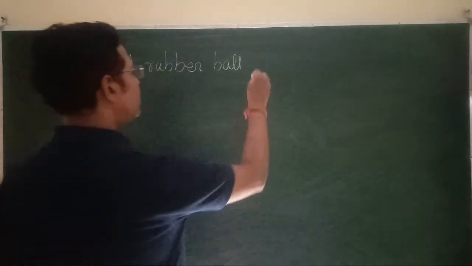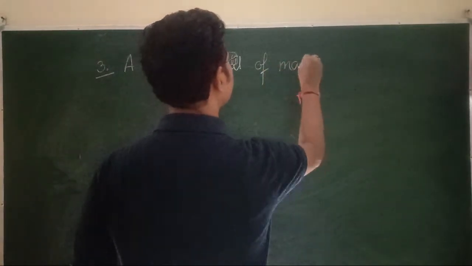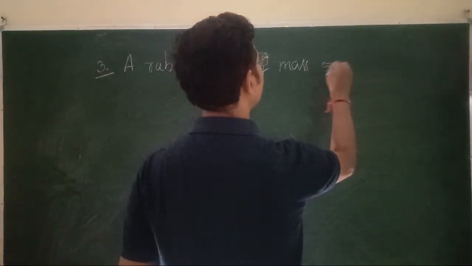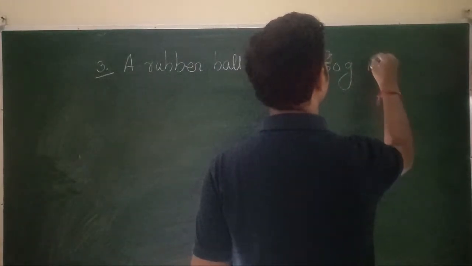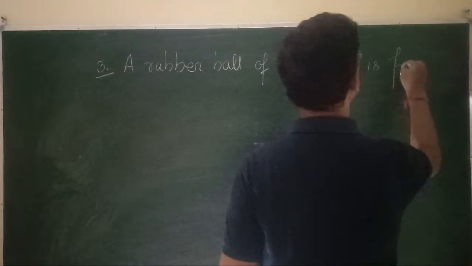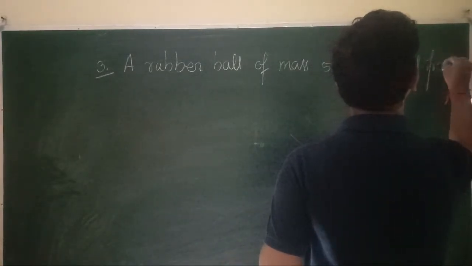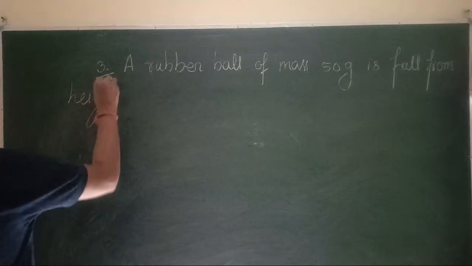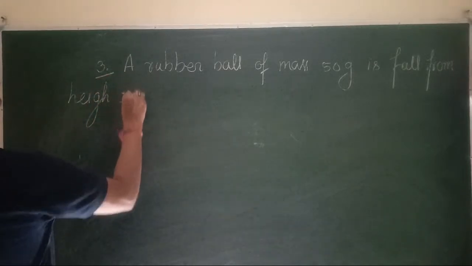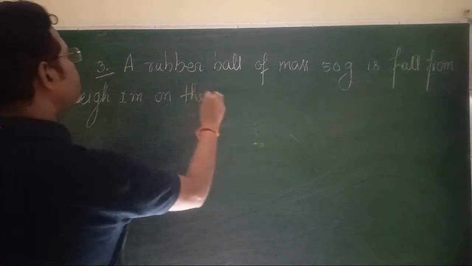So a rubber ball of mass 50 gram falls from a height of 1 meter on the ground.